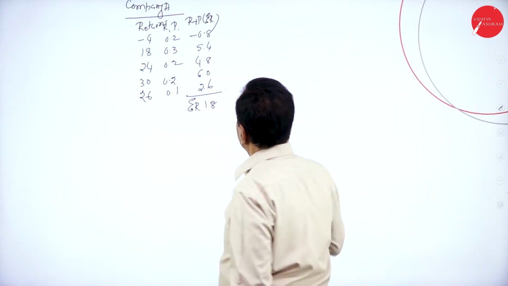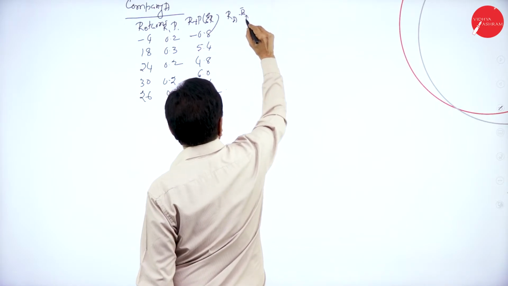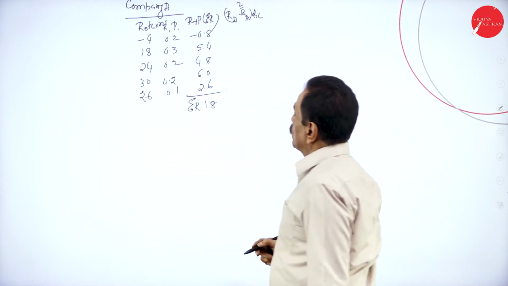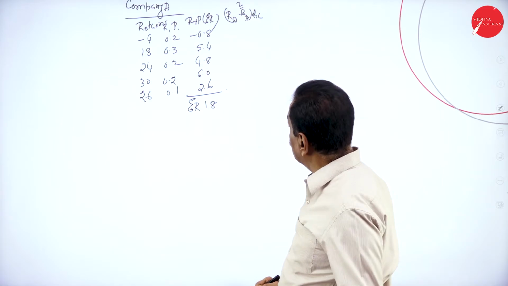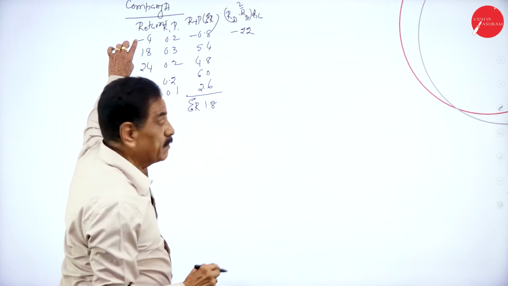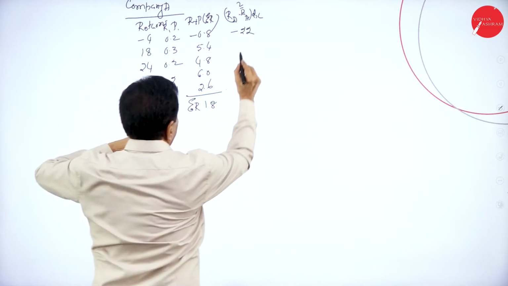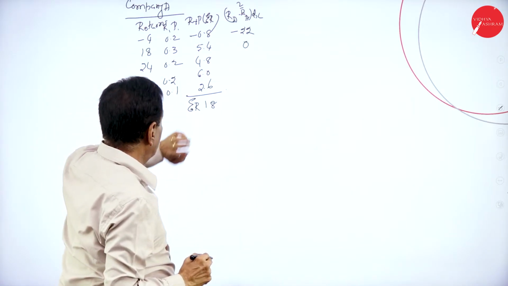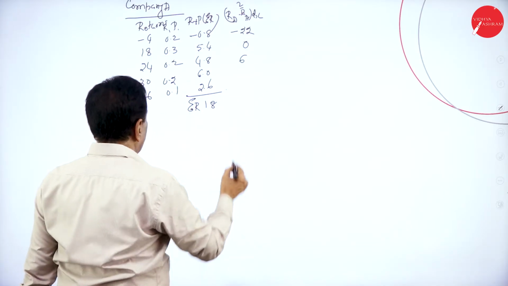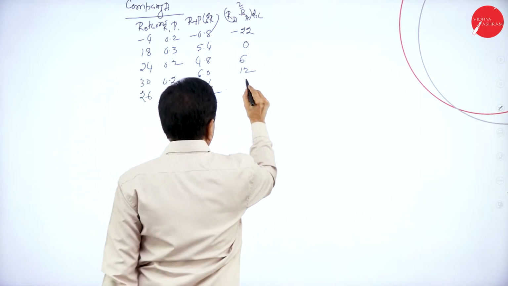Then RA minus R mean A, you call this dx. -4 minus 18 is minus 22. 18 minus 18 is 0. 24 minus 18 is 6. 30 minus 18 is 12. 26 minus 18 is 8.